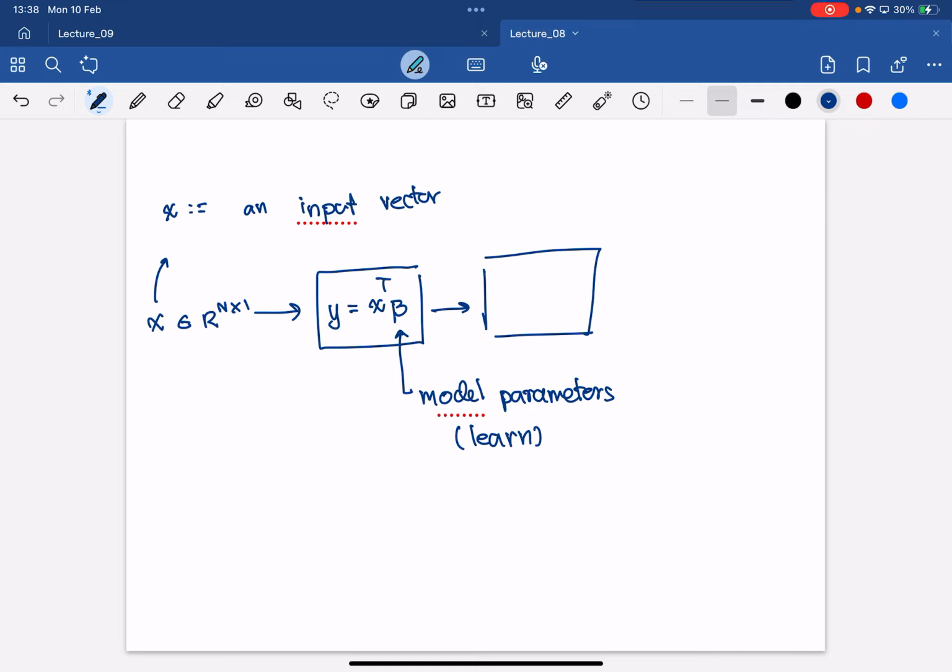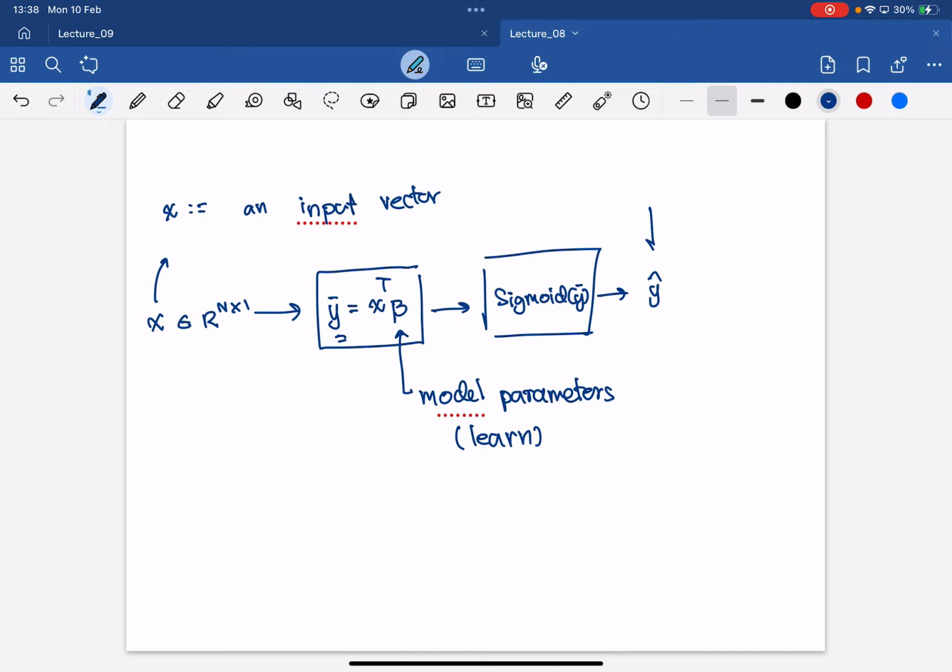So we will use this output y as the input to a sigmoid function. And then we get something like a y hat here. Maybe I shouldn't use y, maybe y bar is better, because if we use y as the measurements, then it's kind of abusing the notation.